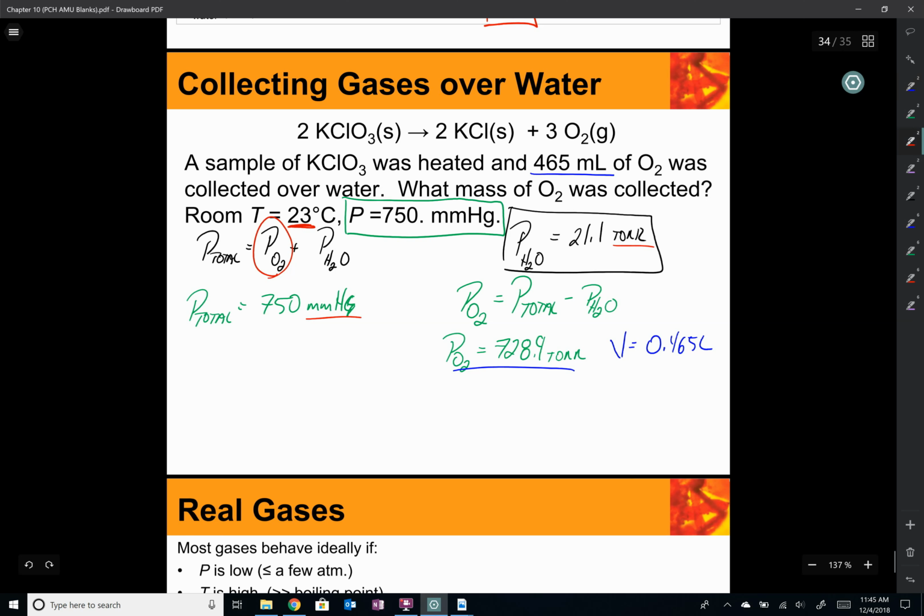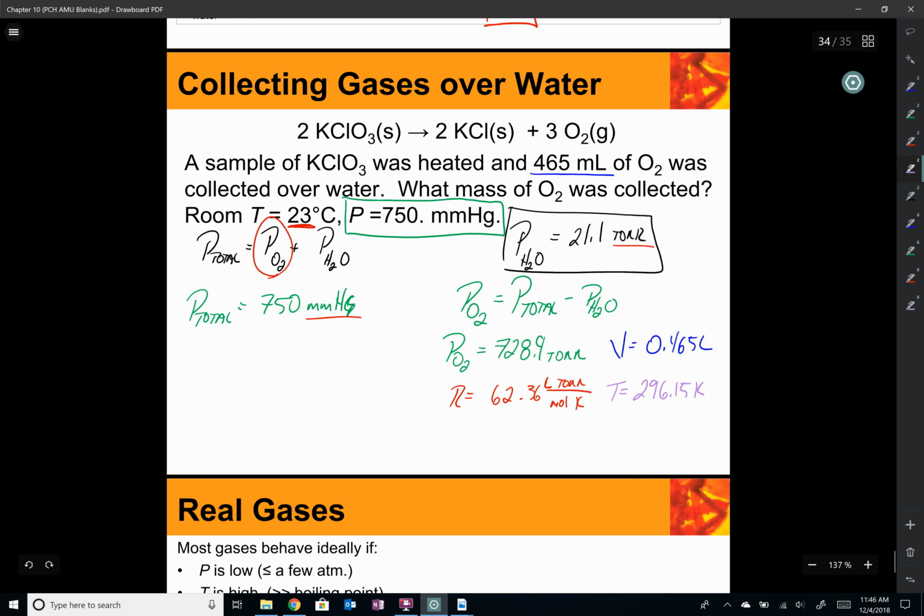We have R, our constant, 62.36 liter torr per mole Kelvin. And we are given temperature: temperature is equal to 23 Celsius, which is equal to 296.15 K.